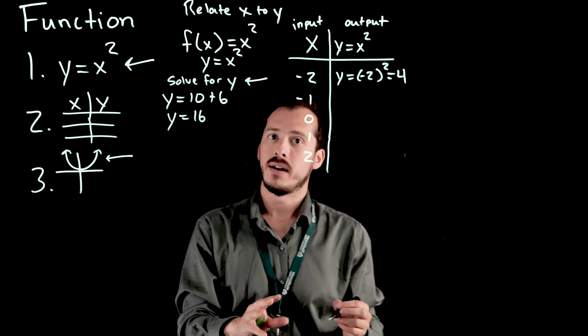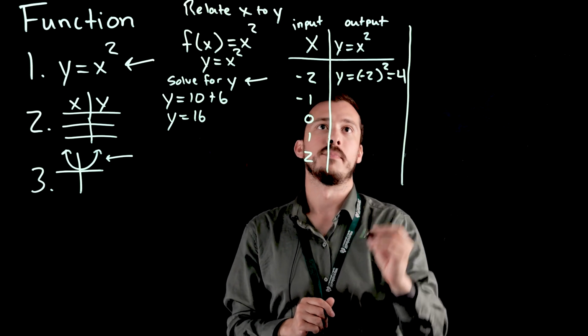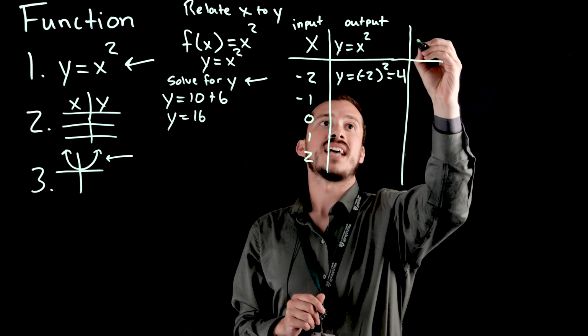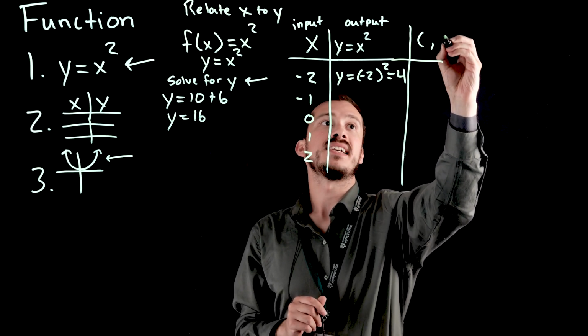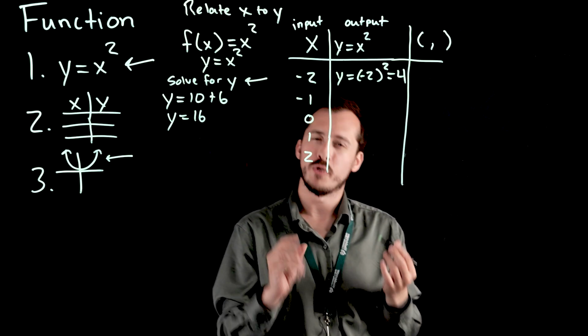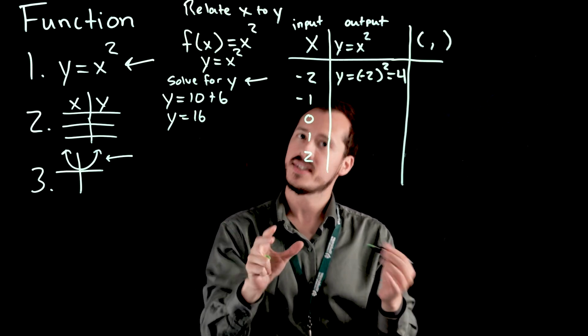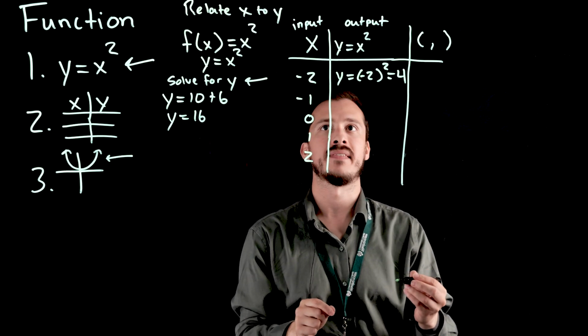Now at this point, what I'd recommend you do is you pause and you draw another column, and you title that column (,) a parenthesis, comma, parenthesis. This is really where we answer the question of how x relates to y. This is our way of notating that.